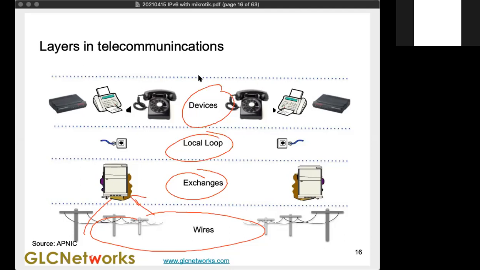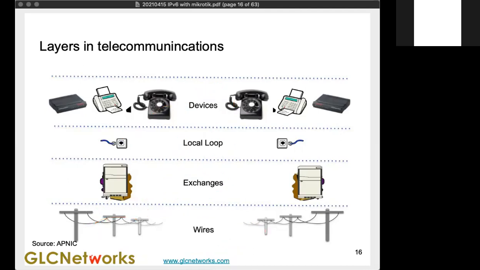It all starts from the device, connecting to the local loop at the jack in your house, and from that going to the telco exchange, and then connecting to other telco exchanges. That's how we see communication in a layered method.